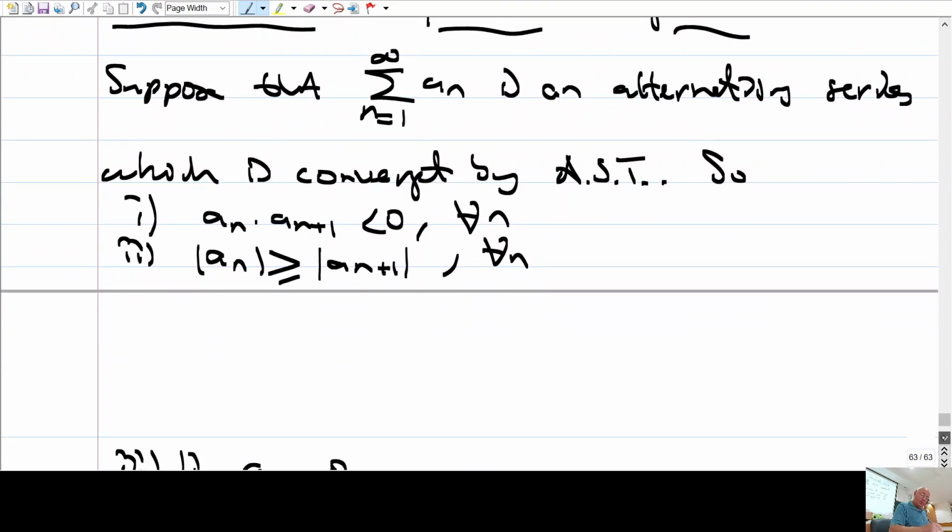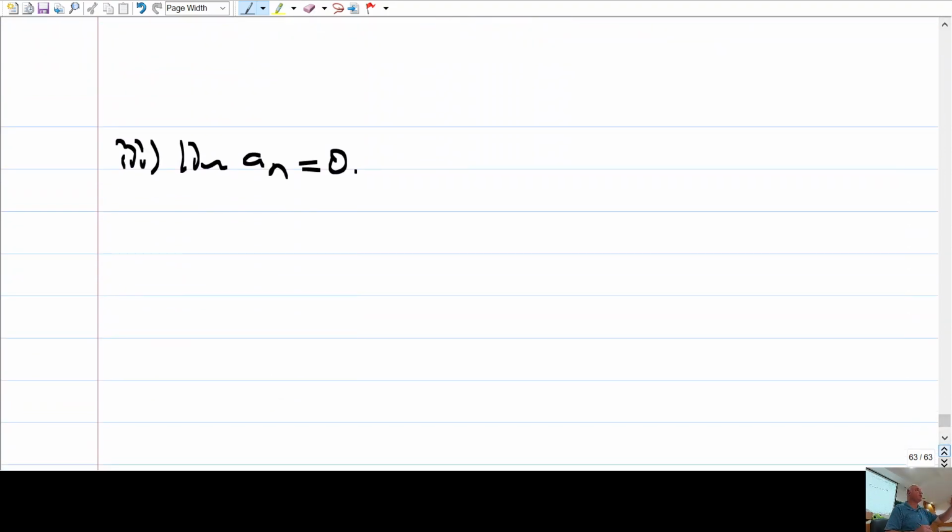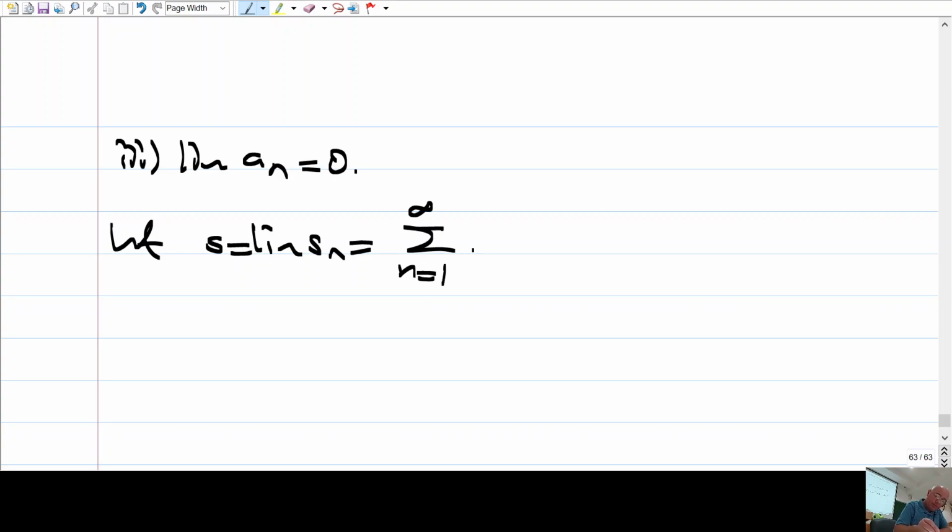Okay, now this series is convergent means the sum is equal to a real number. So let S, which is just the sum, the limit of partial sums, be equal to this sum of an. Here Sn is the sum of the first n terms, the partial sum, and S is the value of the sum.